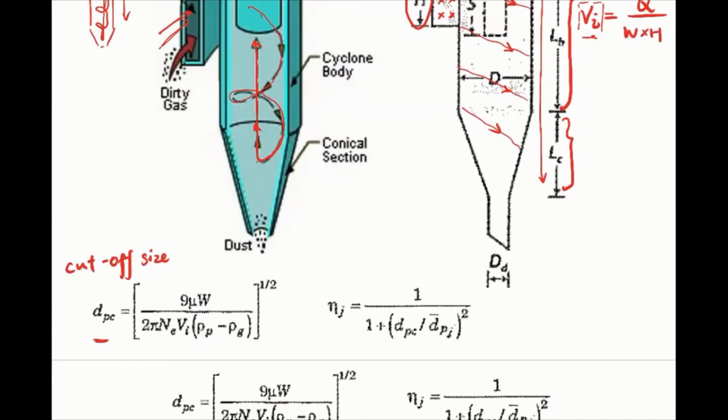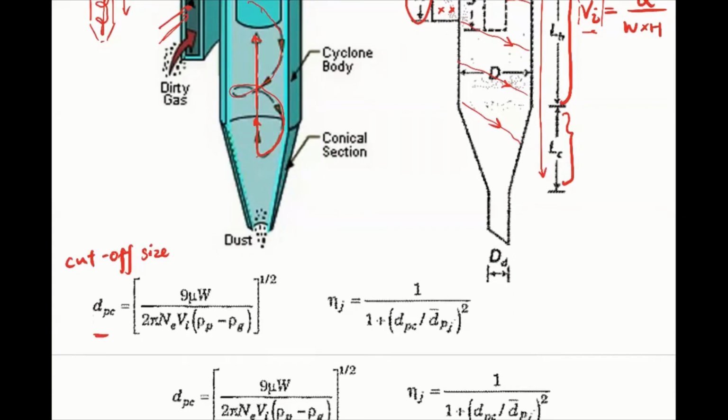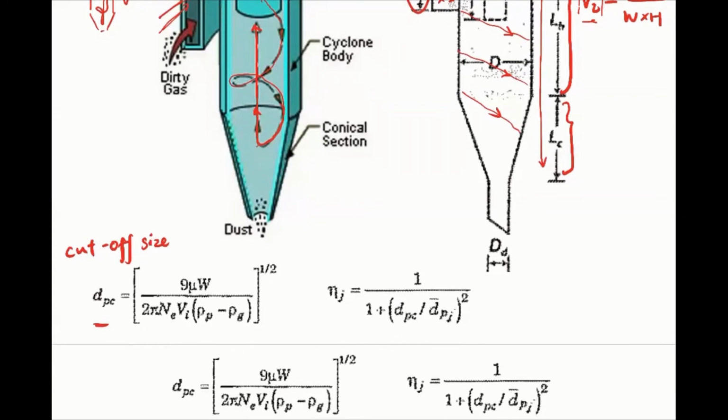But if the particle has a smaller size, then the efficiency will become lower. This critical size is calculated by this equation. It looks quite complicated, but we'll show the reason it has this form. Because now we know the equation for the drag force, it's actually quite straightforward to solve for this equation.